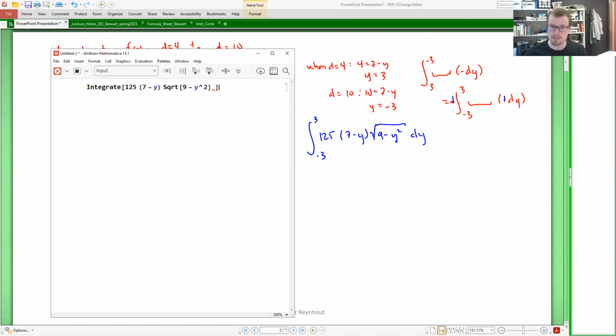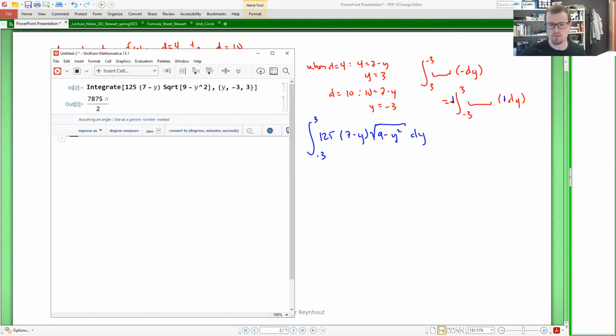Okay, that looks good. And then we are integrating with respect to y, but since it's a definite integral, we say inside of curly brackets, y integrate from -3 to +3. There we go. Excellent. So I just want to go ahead and hit enter.